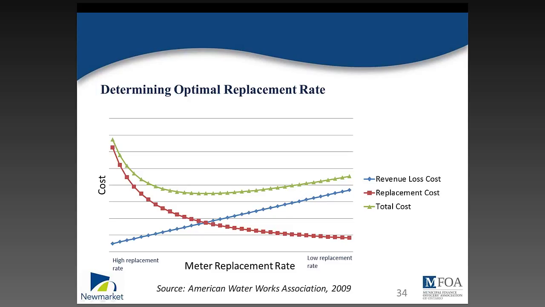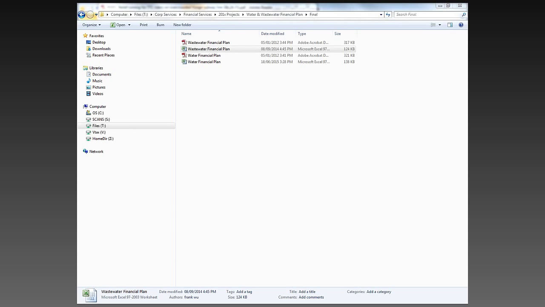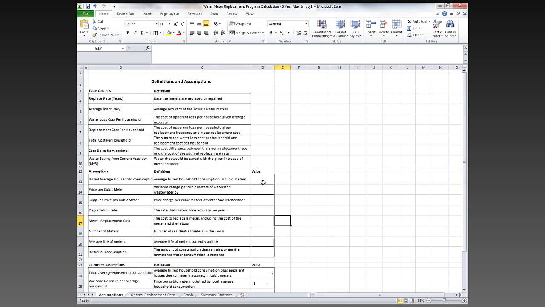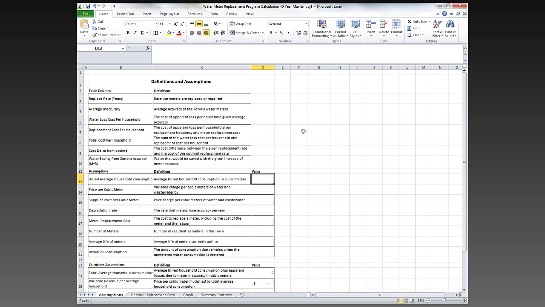So with this graph in mind, let's go through an Excel sheet and see how it works in practice. There are some variables that you need to input into the model in order for it to calculate your optimal replacement rate. So I'll put in Newmarket statistics. Average household consumption in Newmarket is 200 cubic meters per household.